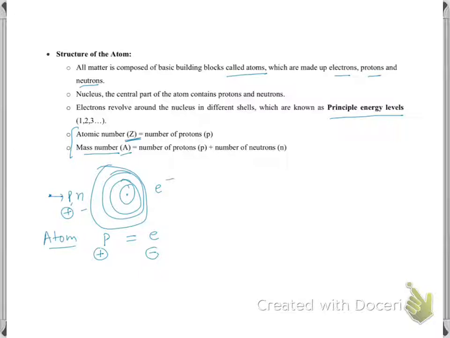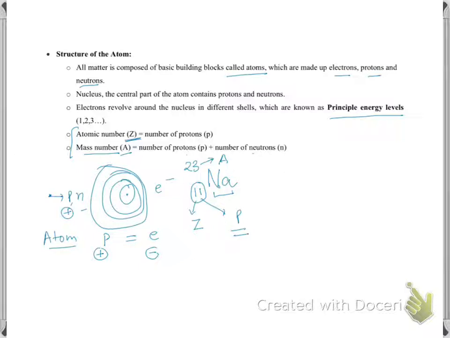For example, let's talk about the element sodium. If we write it down like this, this is the atomic number and this is the mass number. That means an atom of sodium has 11 protons, and this mass number is the number of protons plus neutrons.